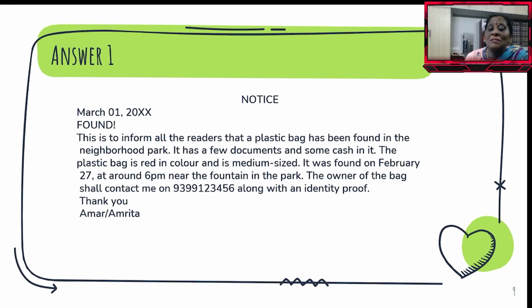It was found on February 27th at around 6 p.m. near the fountain in the park. The owner of the bag shall contact me on 9399123456 along with the identity proof. Thank you, Amar or Amrita.